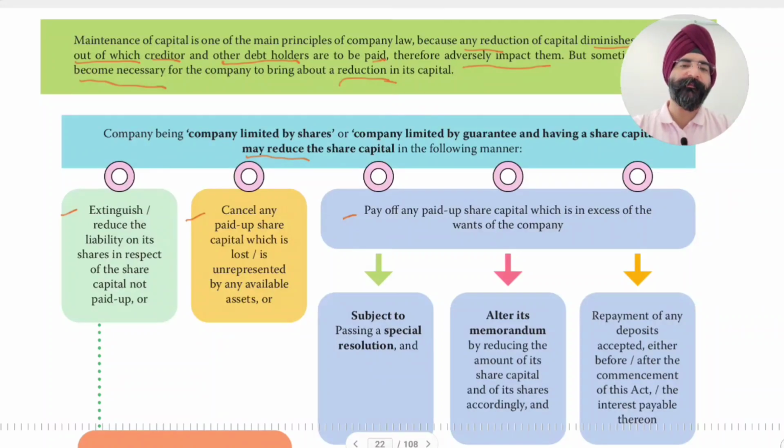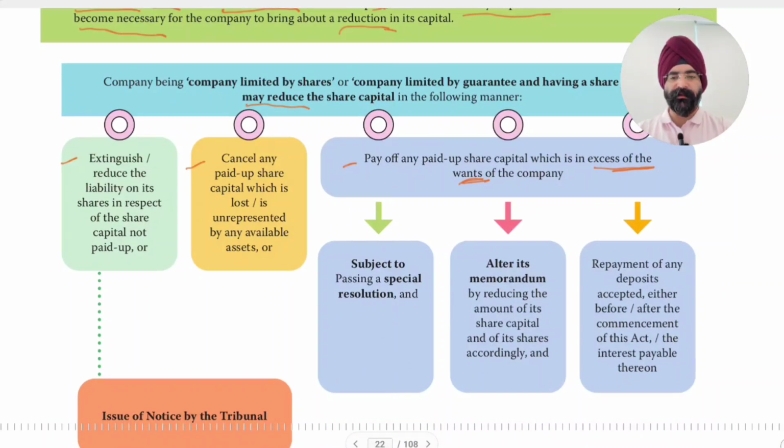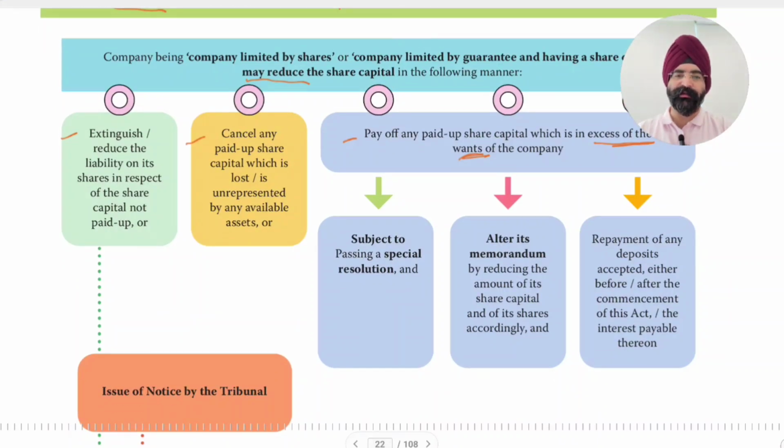Third, pay off any paid up share capital which is in excess of the wants of the company. So if the company has any paid up capital which is in excess of its wants, it does not require the funds, the funds are surplus, then it can choose to pay it off, give it back to the shareholders. Now, this is subject to passing of a special resolution.